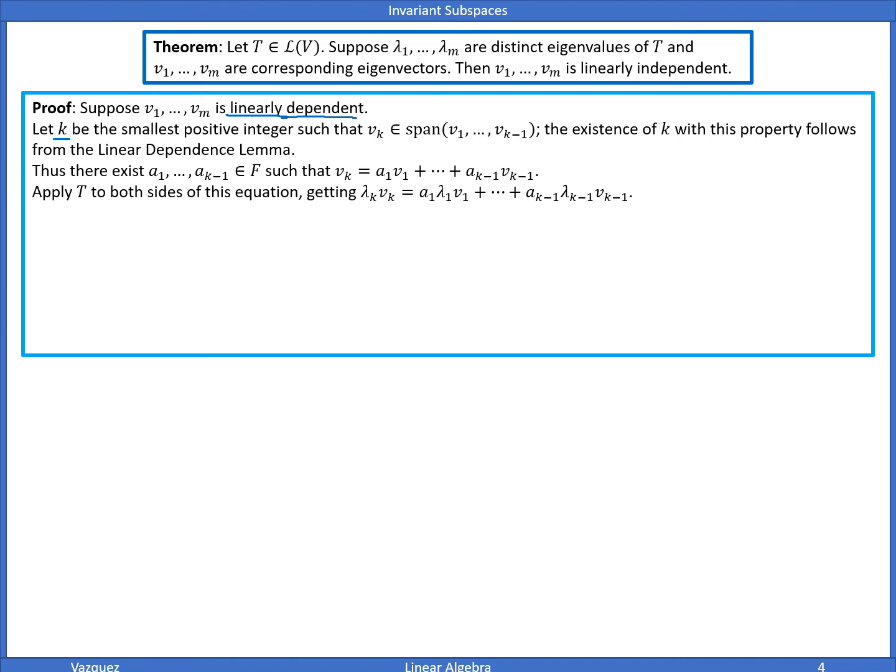Well, if we apply T to both sides, we're simply going to get that lambda k times vk is equal to this now linear combination where all the lambdas are inside our linear combination. They're being multiplied.